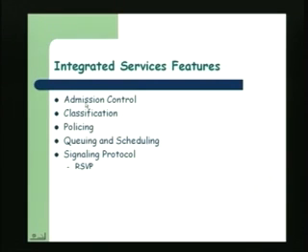The admission control decides how many such flows can be admitted, so that when you apply the queuing and scheduling mechanisms, you can provide the assured quality of service guarantees.